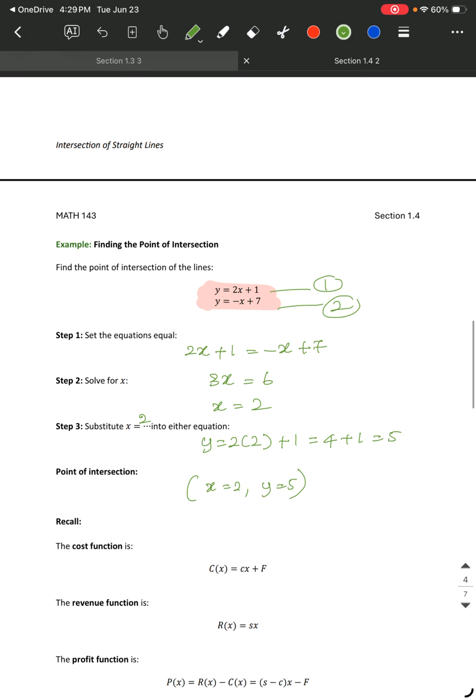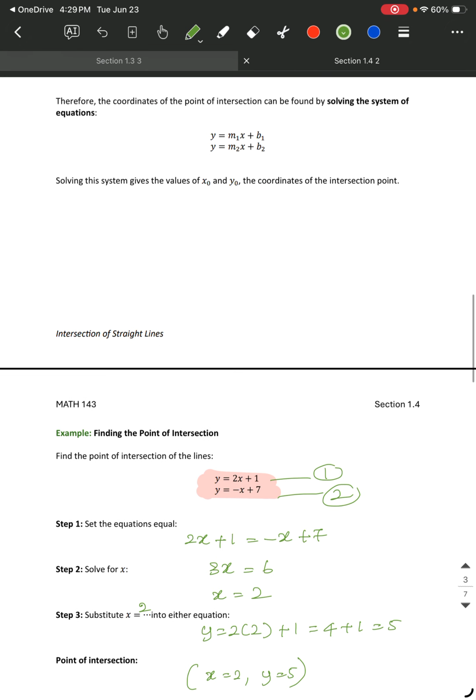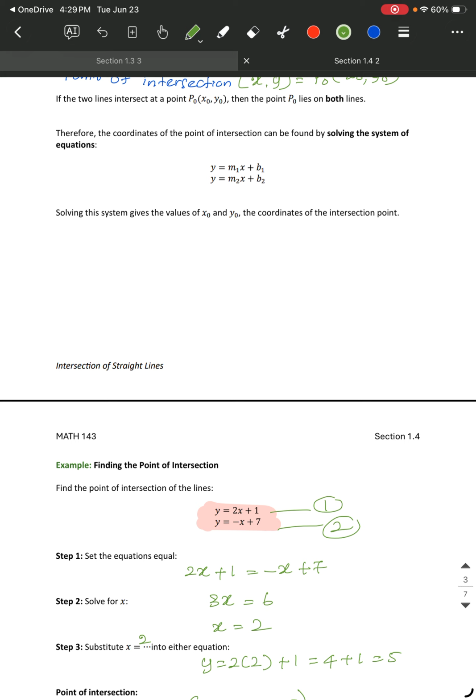Okay, let's discuss one more. Let's say y equals 3x plus 6 and y equals 2x plus 4. Then set both equal: 3x plus 6 equals 2x plus 4.